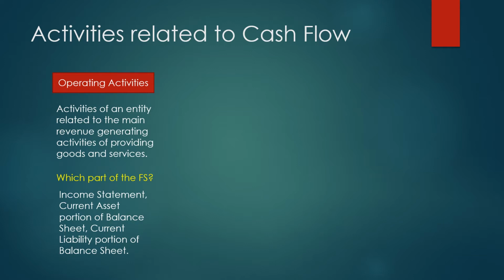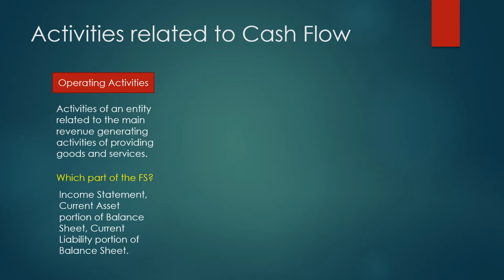So, kapag nakakita ka ng item na alam mong papasok sa income statement, then check if it's an operating activity. Pero most likely, dito siya magpo-fall under. Okay? Next, operating activities can also be seen on your current asset portion of balance sheet.